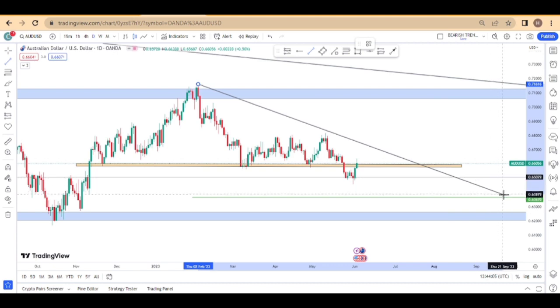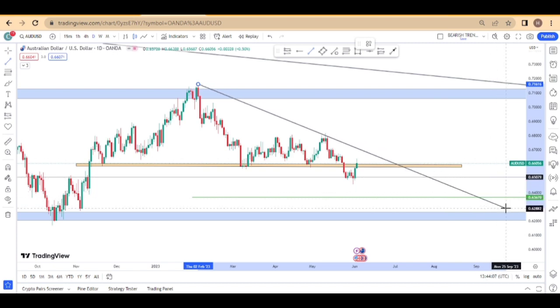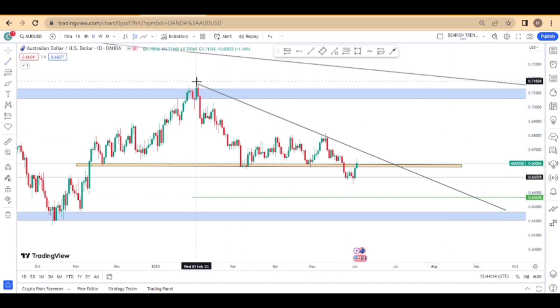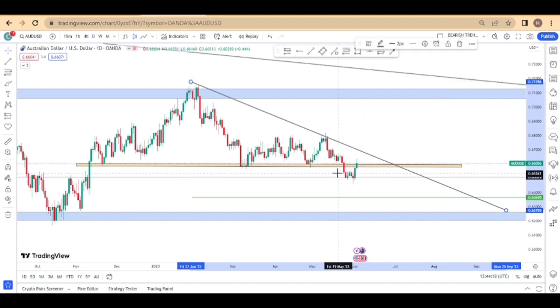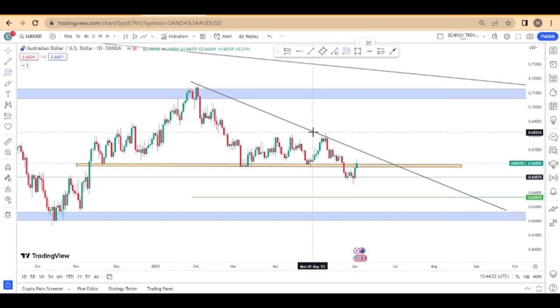If we go to the daily time frame, we can see that we have a downward trend line like this.